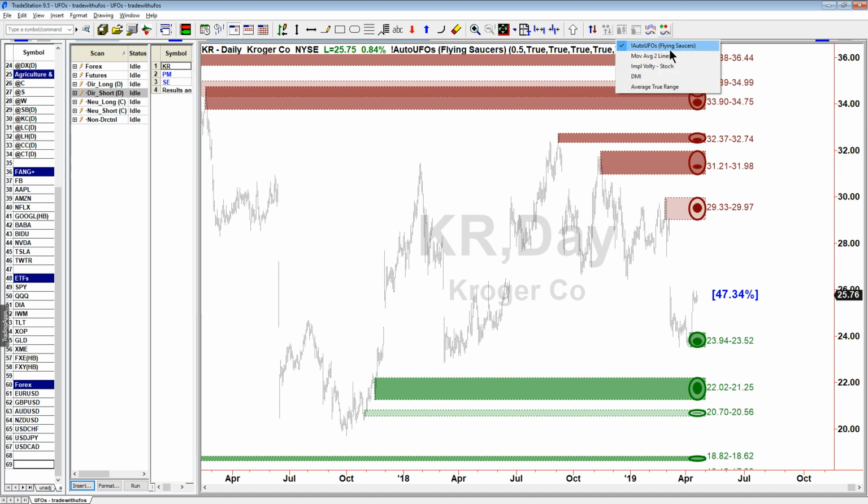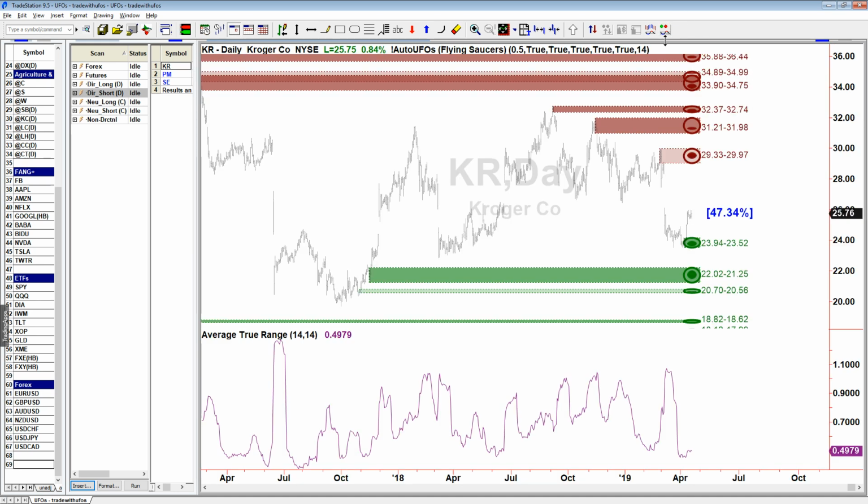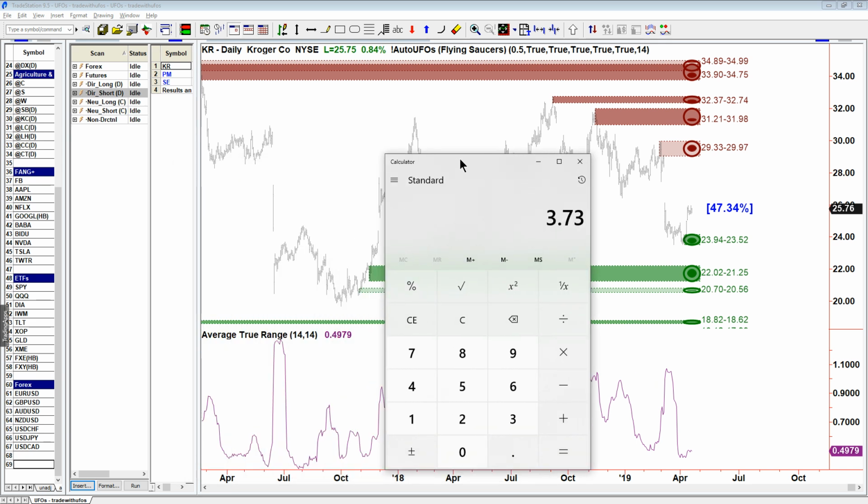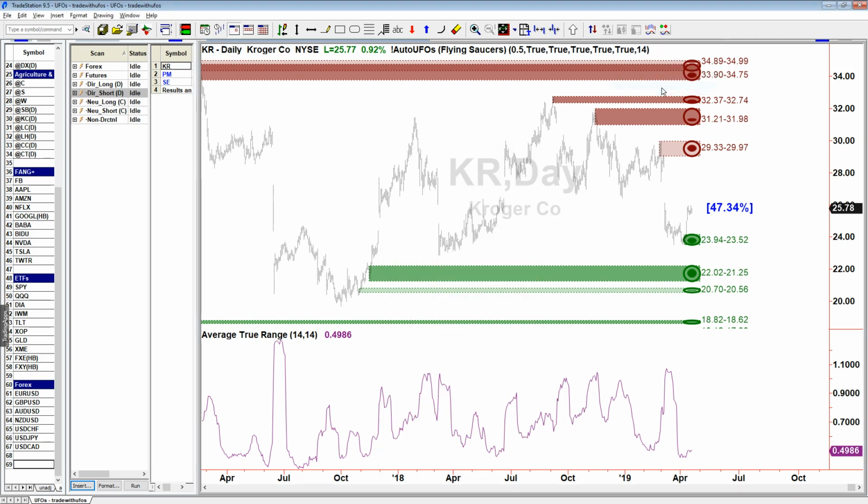If I take this figure and divide it by the ATR, which is 49 cents, that would give me 7, and 7 times 7, that's 52 days. So 52 days is the TTT. We would expect it would take up to 52 days to get to the target.